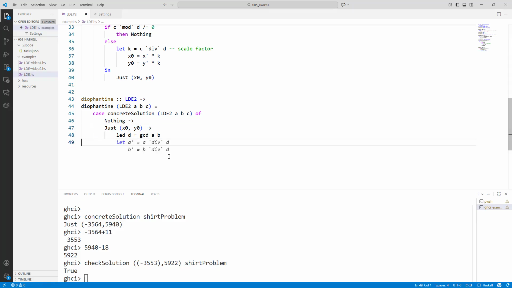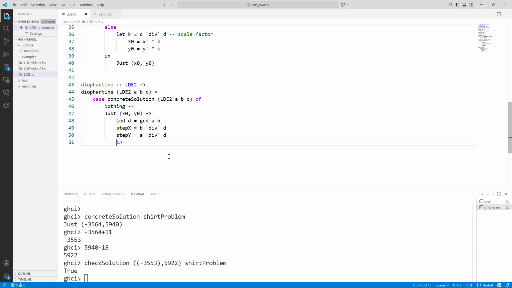When I'm typing, Copilot thinks that I want it, but I really don't want it. So step X is B divided by D, and step Y is A divided by D. This should work. Yes, we divide by D, our GCD, so to say, greatest common divisor, just to be safe. Though, for example, here for 18 and 11 it is 1.